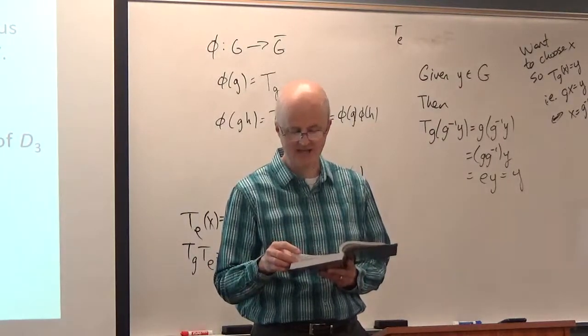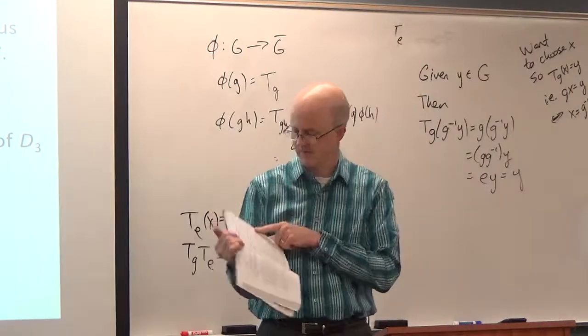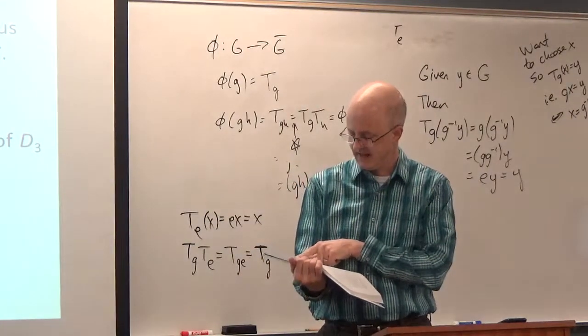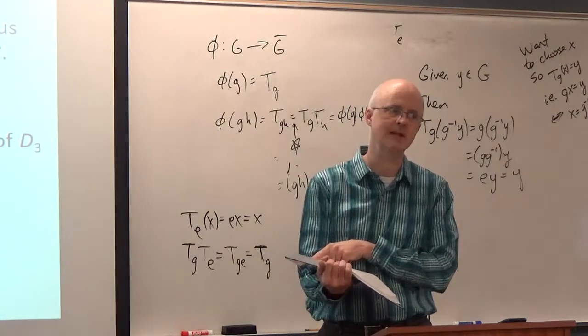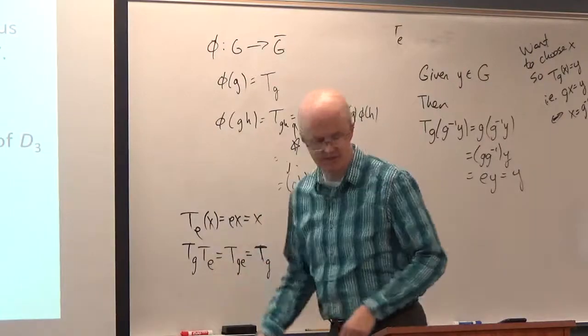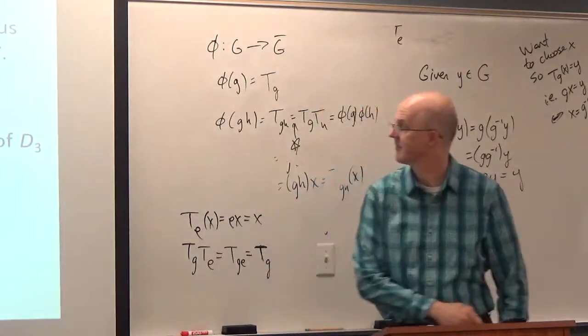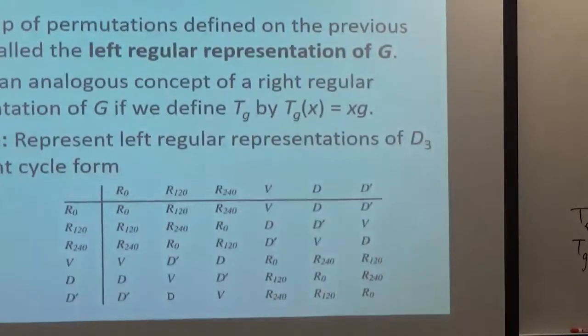Page 125, example 8, smack dab in the middle of the page. The left regular representation of T R270 is incorrect. I'll tell you how to correct it in a second, but let's just do the example here. So here's a Cayley table for D3, the symmetries of an equilateral triangle.